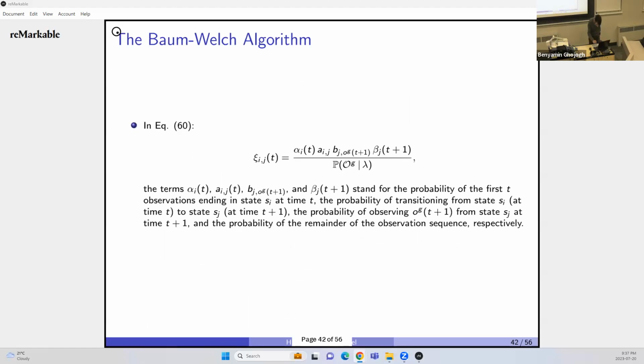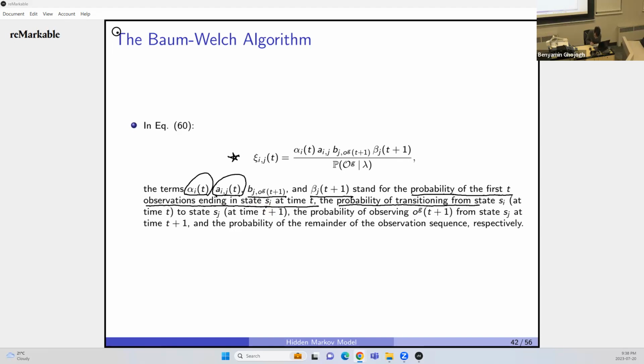Now, so this is what we found, zeta ij, right? The terms alpha it, aij, bj(Og t+1), and beta j t+1 stand for all of these probabilities that we talked about. Probability of the first t observations ending in a state Si at time t. So what is alpha it? Probability of the first t observations ending in a state Si at time t. What is aij?